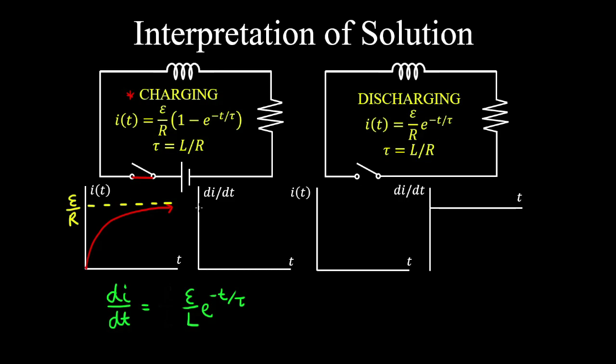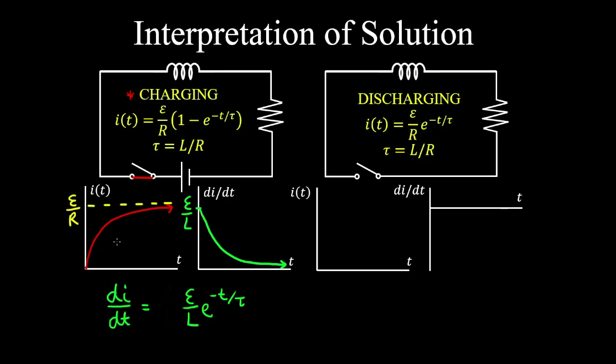So at t equals 0, the change in current is the highest at epsilon on L, and then as t goes to infinity, the change in current drops until the current approaches a steady state, where the change in current is 0.